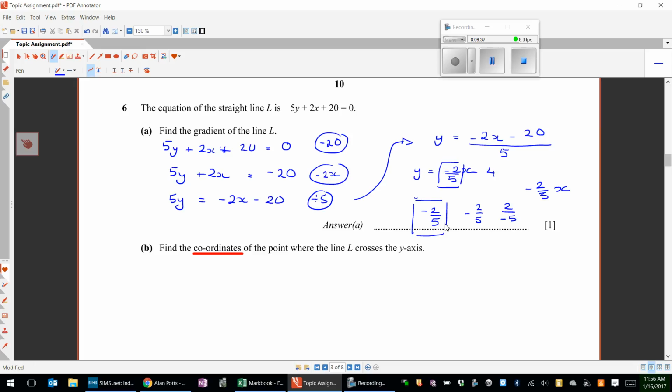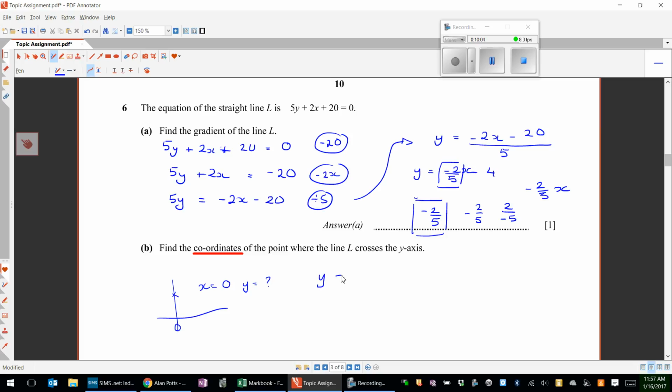Yeah. Okay. Find the coordinates of the point where the line crosses the y-axis. Well, when it crosses the y-axis, we know one thing, which means that the x-coordinate has to be 0. And we want to know what the y-coordinate is. So what we could do is, using this equation, work out what y is when x is 0.